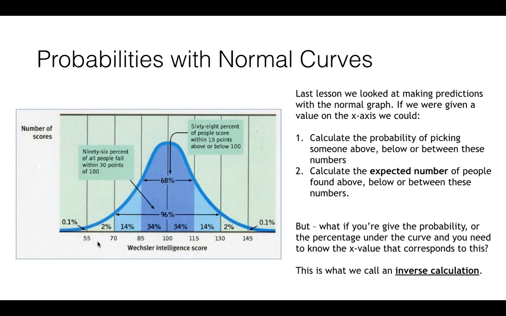Well, if you know it's 50% of people, you know that it is half of your individuals. So you know that it must be the mean value here, 100. So that one's quite easy, but you can be given any area under the curve and be asked to work it out. So we're going to look at exactly how we do this, and we're going to be using our GDCs to do it.